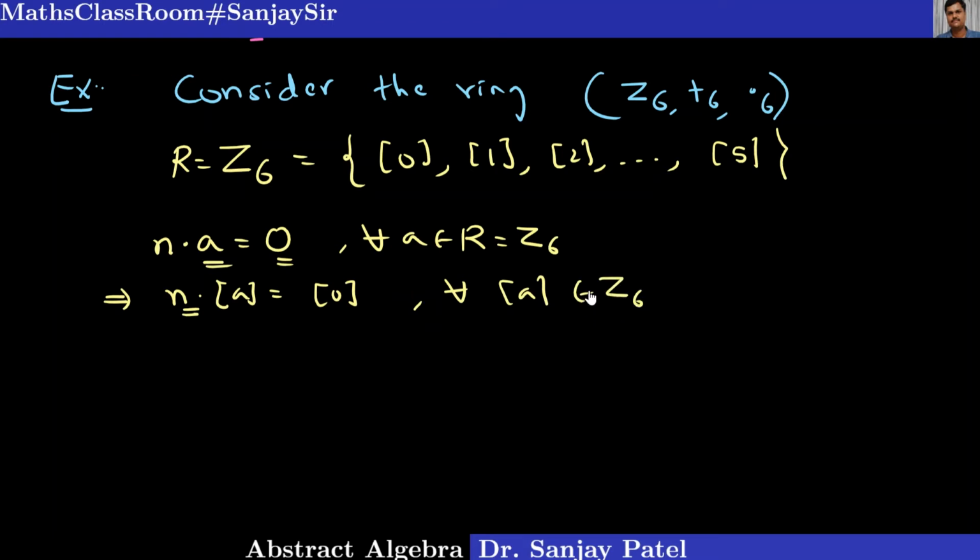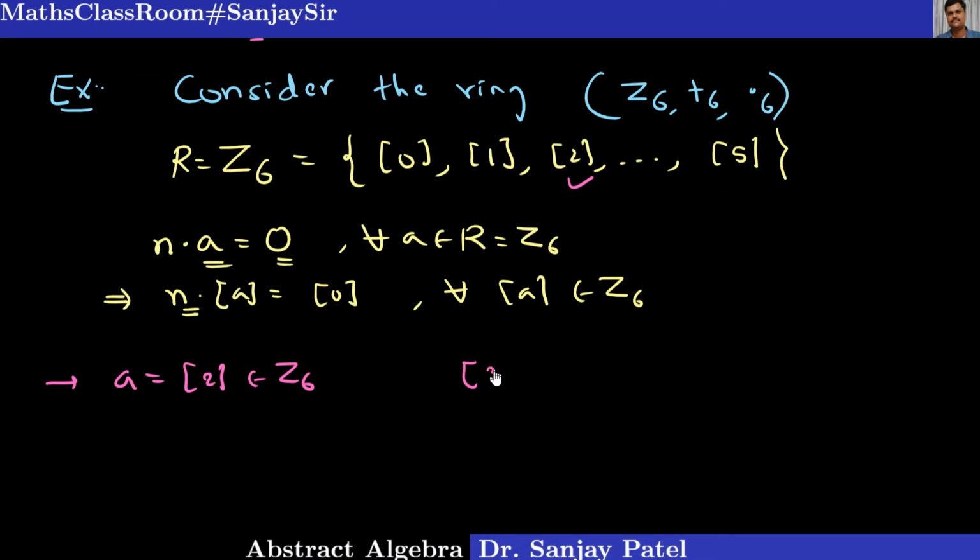Let me begin with some particular value. Let us consider the element class 2. If I take a equal to class 2 belonging to Z6, then let me keep on adding 2 with itself.